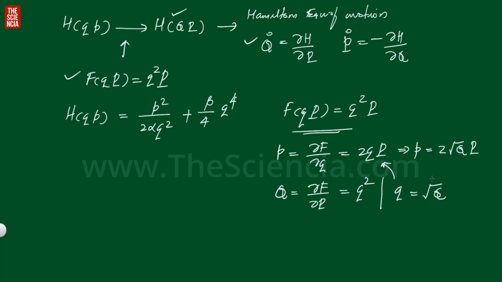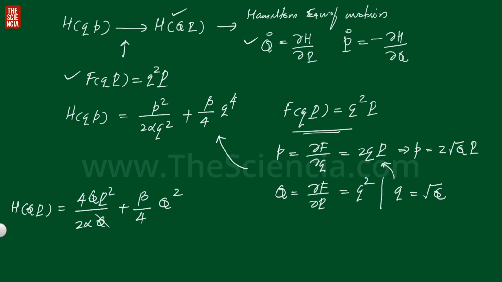Now we can substitute these two equations in the old Hamiltonian. So we get the new Hamiltonian, that is H of QP, will be equal to small p square, that is 4 Q P square by 2 alpha q square, that is Q, plus beta by 4 q raised to 4, that is Q square.